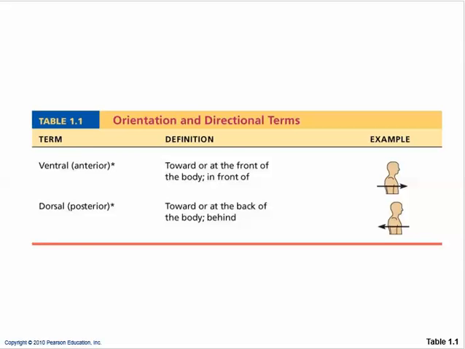So we can say things like your pec major muscle is anterior to the heart. Your heart is anterior to your spine. Your spine is posterior or dorsal to your heart, etc. So dorsal means moving towards the back. Ventral and dorsal, very important things.